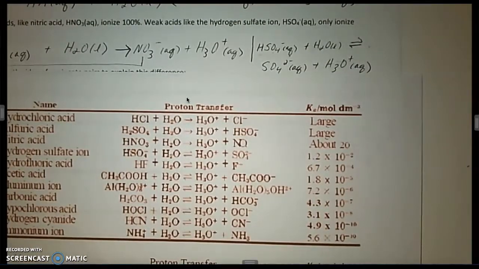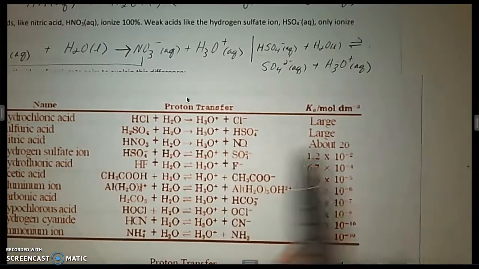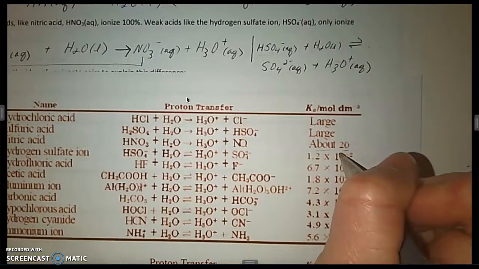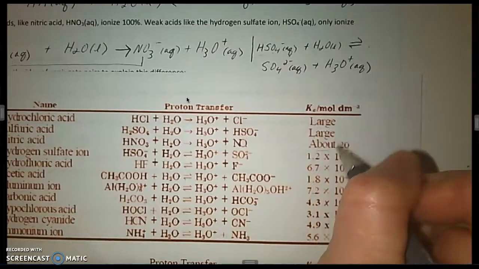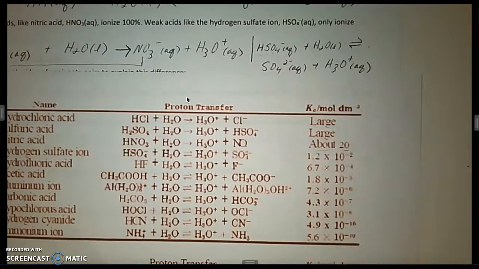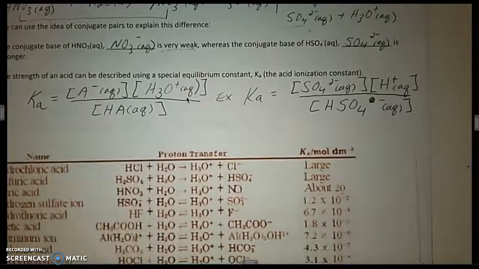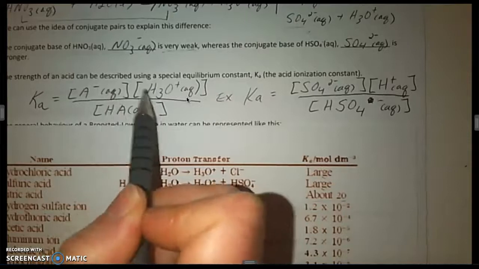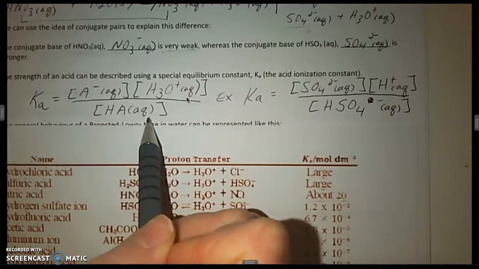So nitric acid is considered a strong acid, and its Ka is high, about 20. Okay, it's not quite as strong of an acid as hydrochloric acid, but it's very, very strong, which tells you if you're looking at the expression for Ka, that just means that the concentration of the ionized parts is going to be higher than the concentration of the original acid that remains intact in solution.